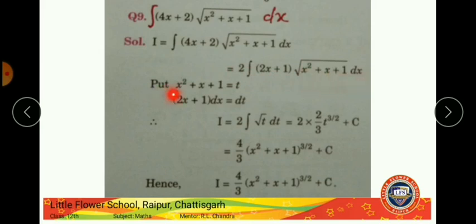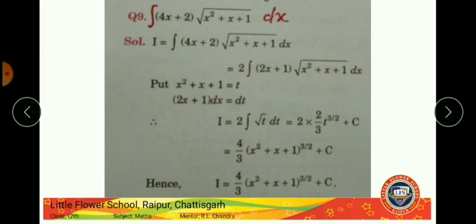Put x square plus x plus 1 is equal to t. We know that we have to change this question into integrable form. That's why put x square plus x plus 1 equal to t. Differentiation of x square plus x plus 1 is given by (2x plus 1) dx is equal to dt.